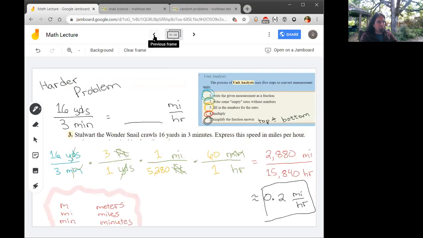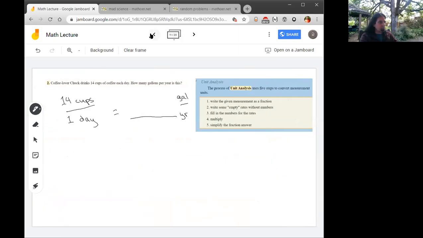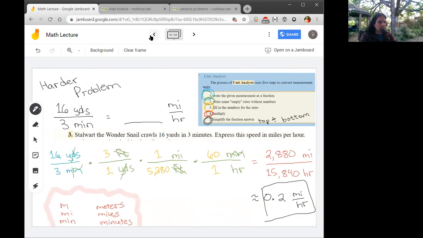Is anyone going to fuss if I go back and show you the one with all the steps? No. At all. Everyone has the 14 cups per day into gallons per year.